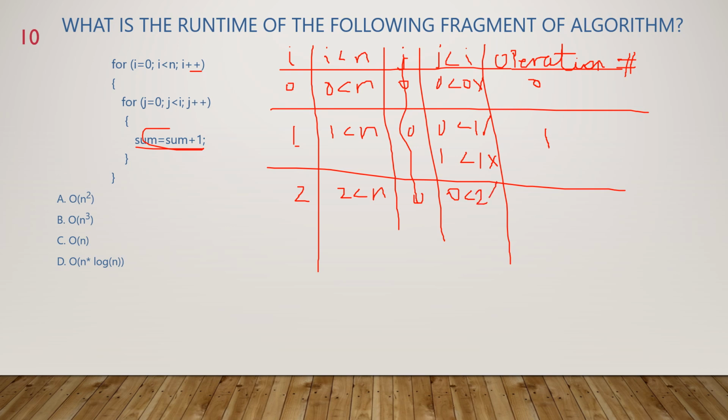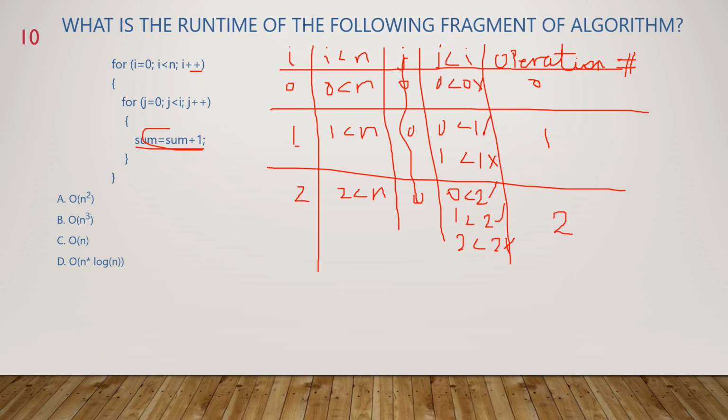Again, J is incremented. 1 less than 2, also true. J is incremented, and this is executed. Again, 2 is less than 2, this will be false. How many times? This executes 2 times.